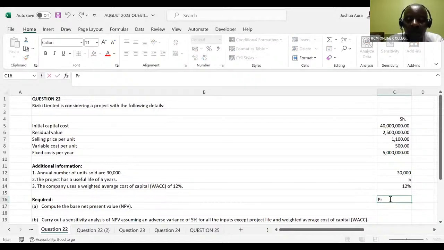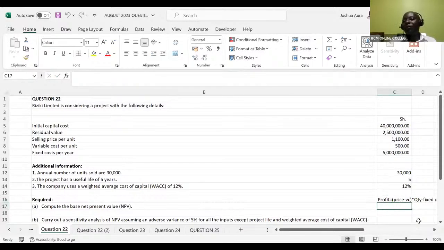Anytime you want to get profit in this kind of situation, you take the price given, subtract the variable cost, multiply whatever answer you get by quantity, and then subtract the fixed cost. If you're writing your notes, this is a very, very important formula amongst all the formulas.